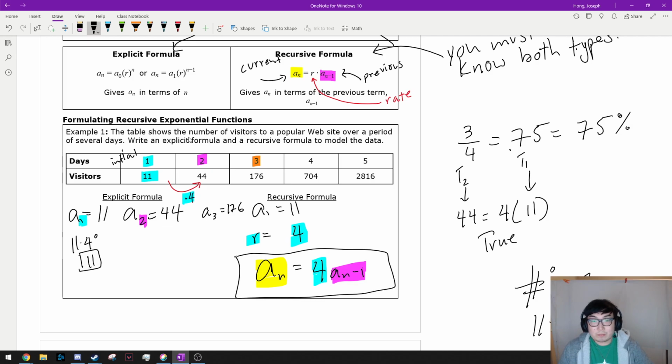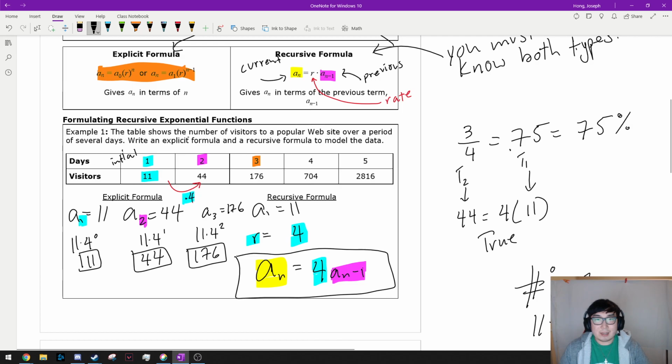But what about 11 times 4 to the power of 1? That's 44, so that's still true. And if I do 11 times 4 to the power of 2, then this becomes 176. So this is still true. So in the end, we can use this explicit formula right here.